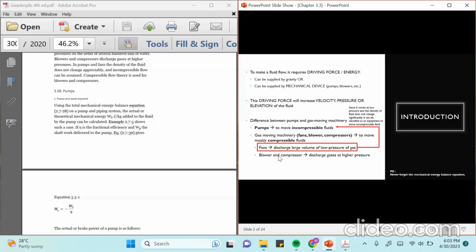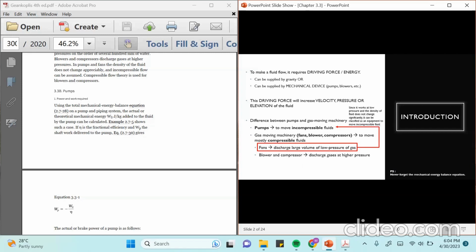Now, since the fans discharge a large volume of low pressure gas, and it works at low pressure and the density of the gas does not change significantly, sometimes it can be classified as equipment to move incompressible fluid as well.